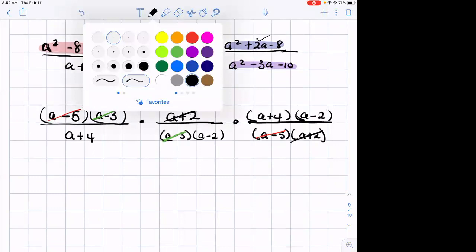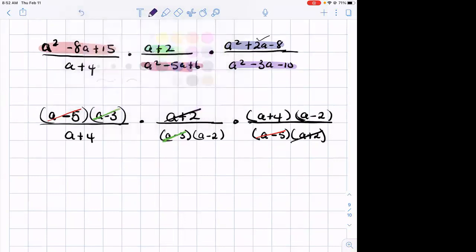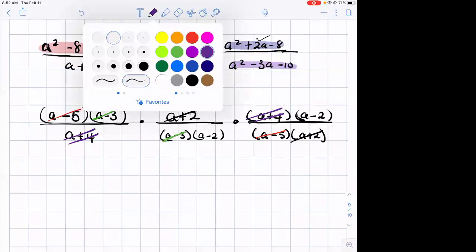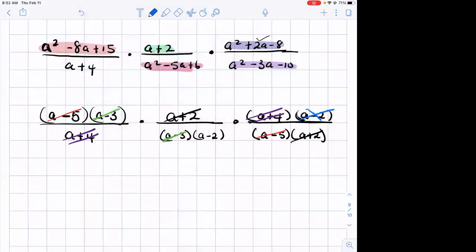Let's see what else we can cancel out here. Let's use purple. We have an a plus 4 in the top. We can cancel an a plus 4 in the bottom. There's a lot of canceling. And then we have an a minus 2 in the top, which can cancel with this a minus 2 in the bottom.